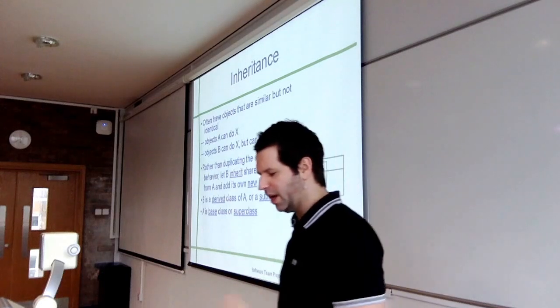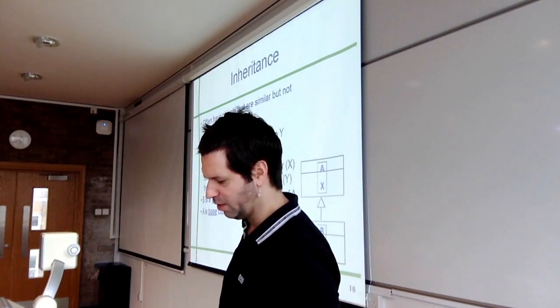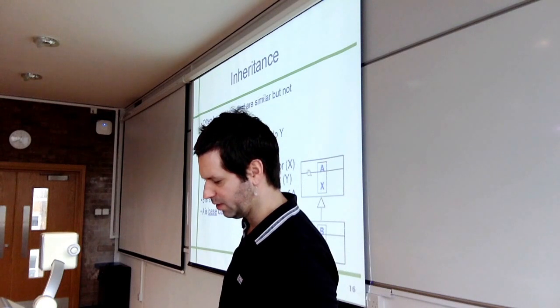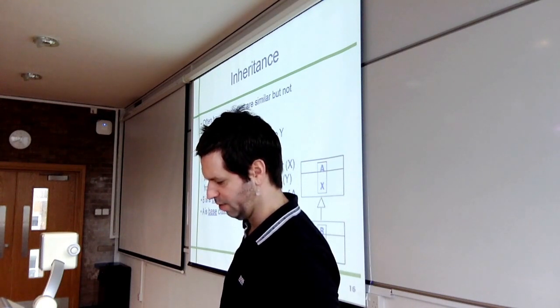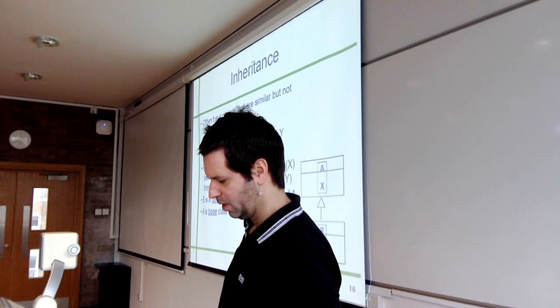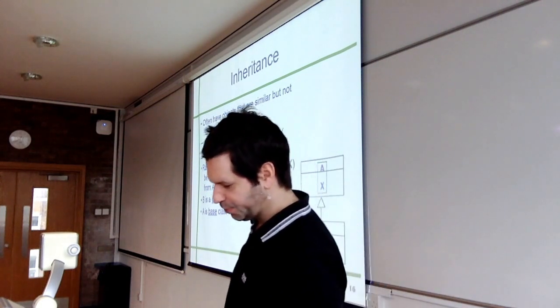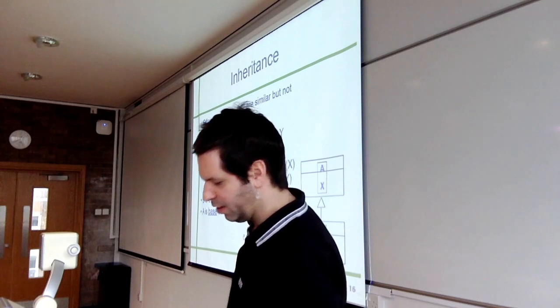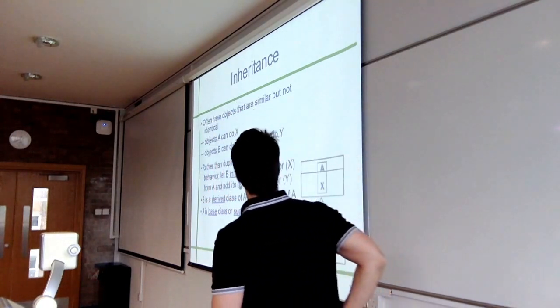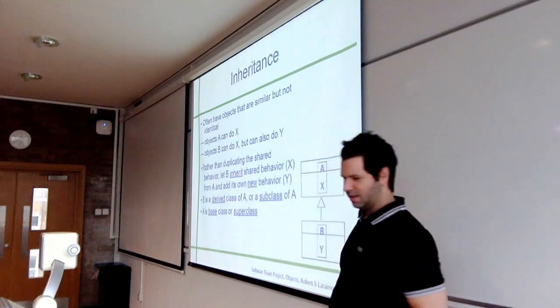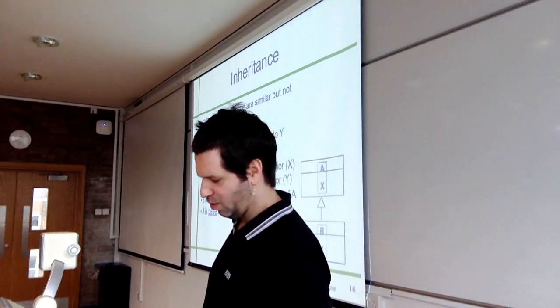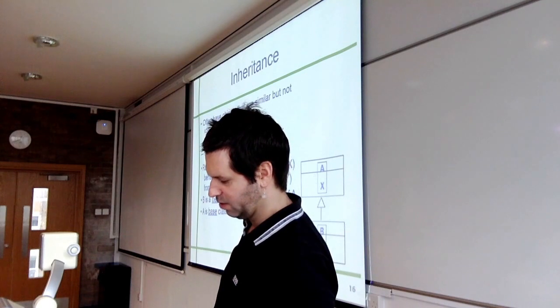Rather than duplicating the so-called shared behavior of X, we inherit the shared behavior of X from A. So we define a new object called B, and it adds the functionality Y, but it also inherits the functionality X. We call B a derived class of A or a subclass of A. A is the base class or superclass.